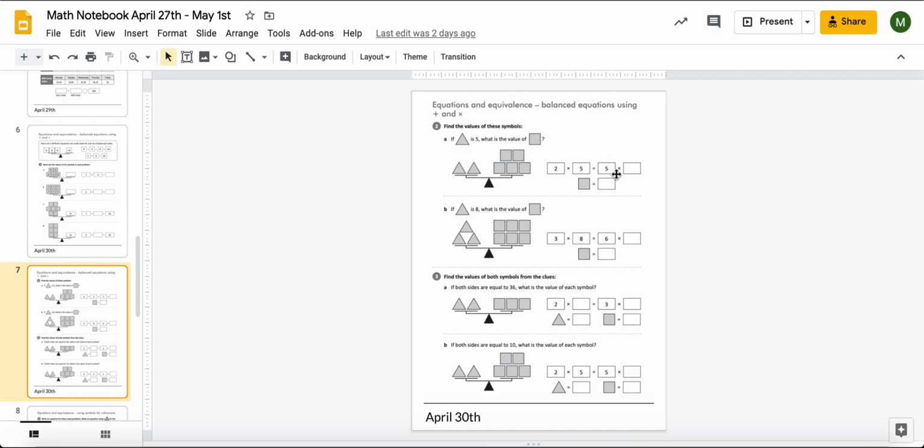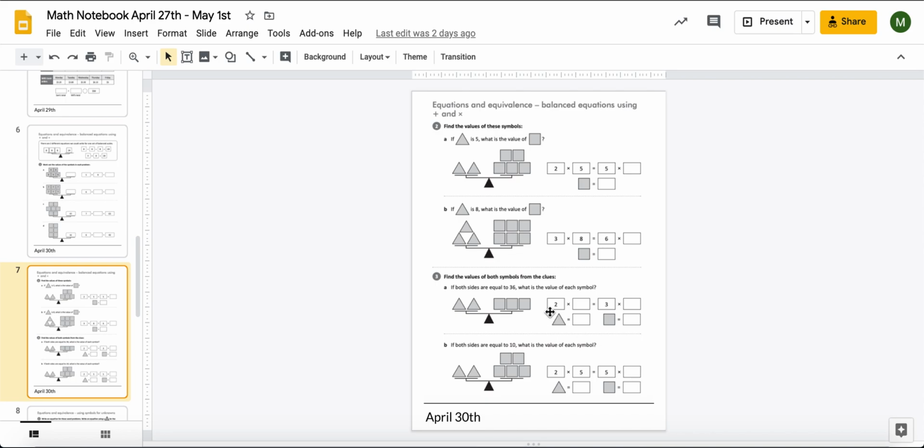So your next step is that you need to figure out what times 5 is going to give me 10. And whatever your answer is there, that's how much each of these squares is worth. Okay? And you're going to do that for each one of these. And they've set you up with your equations for each one of these down the line.